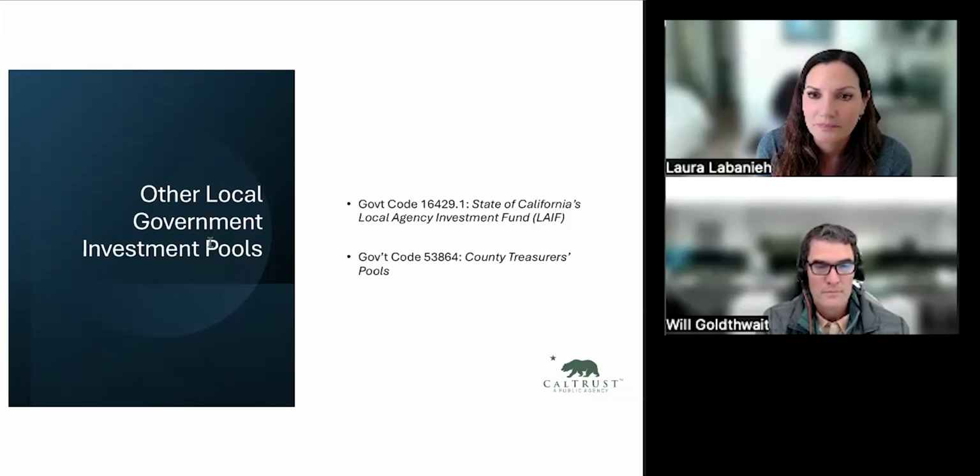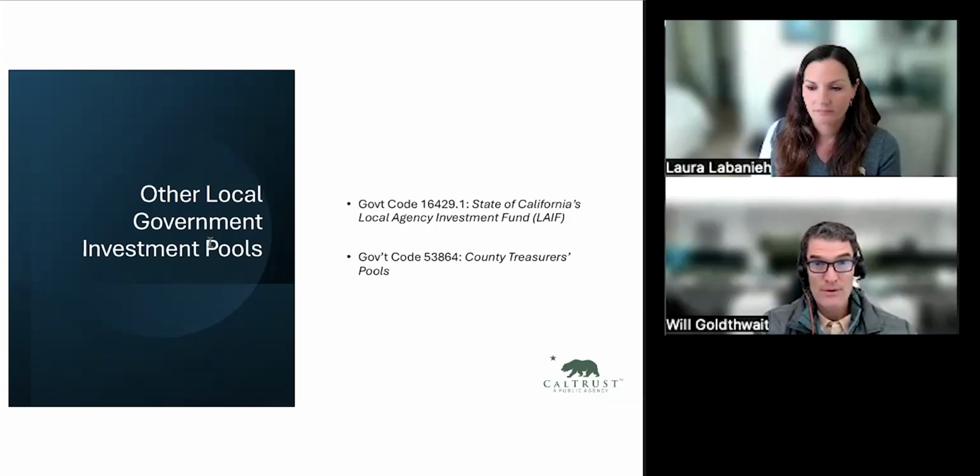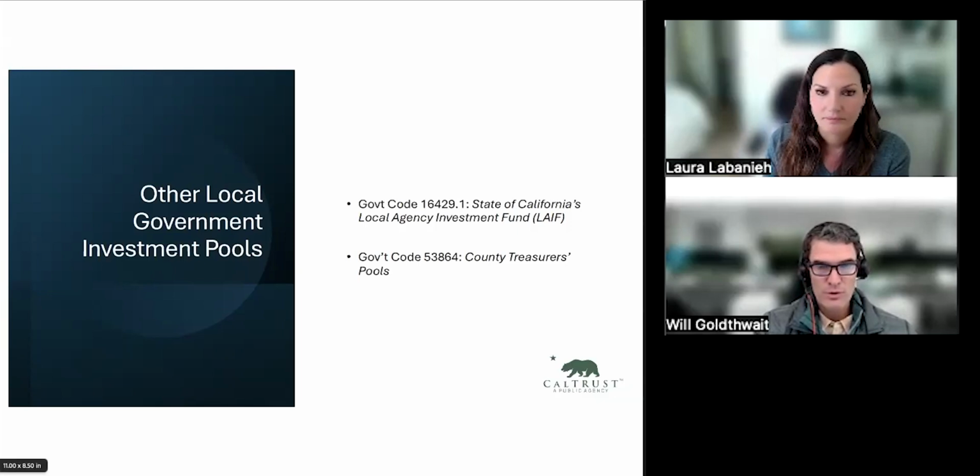Yeah, I think when we think about liquidity pools and managing liquidity pools, and as listeners on the line know, CalTrust has three investment options: the liquidity pool, short-term and medium-term fund. In the construct of liquidity management, we think about duration being a big component of how quickly and easily you can get your money back. And the CalTrust liquidity pool has a duration limit of no more than 60 days.